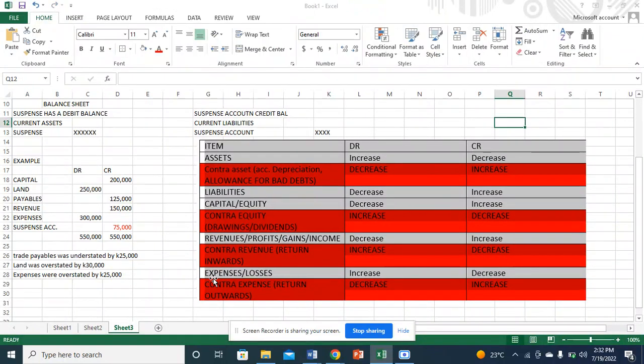They've told us trade payables was overstated by 25,000. I mean, understated by 25,000. So what type of account is trade payables? Anybody? Remember, this is the control account here. After you've tabulated everyone who's owing you money, you put it in your control account and it appears here on the trial balance. So what type of account are our trade payables?